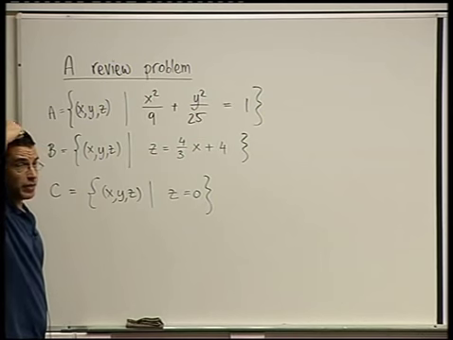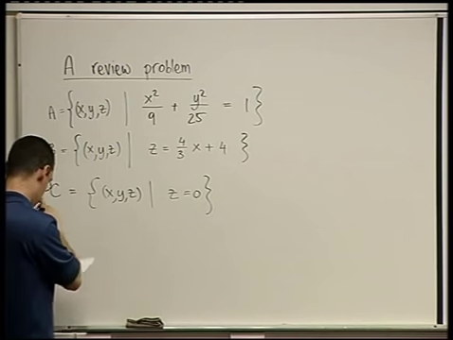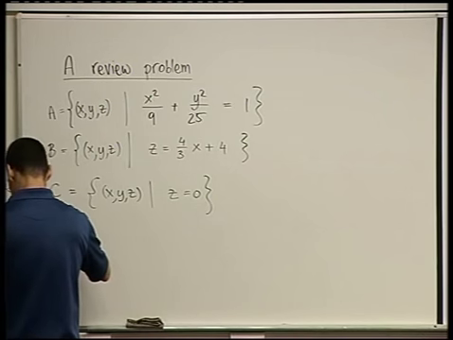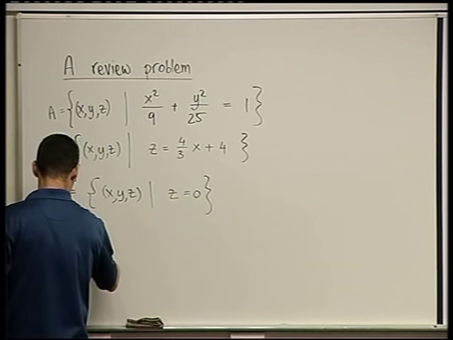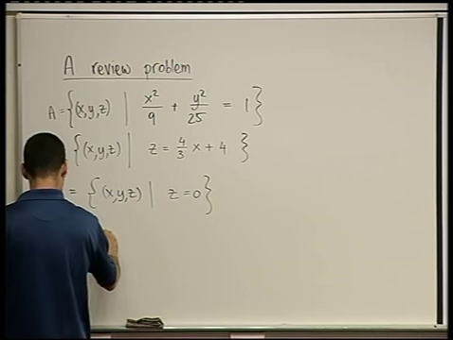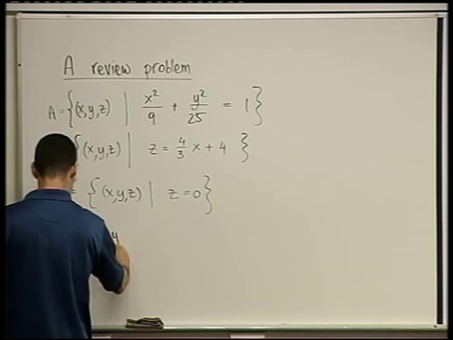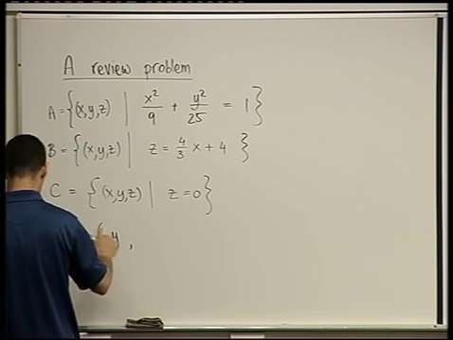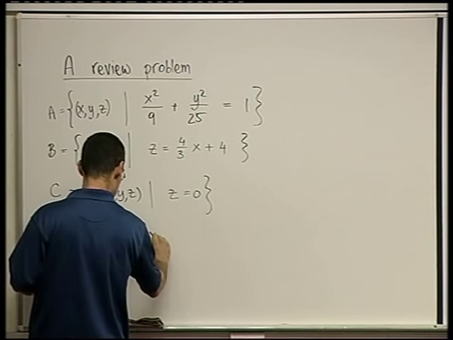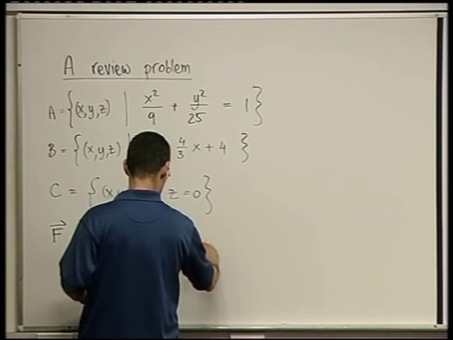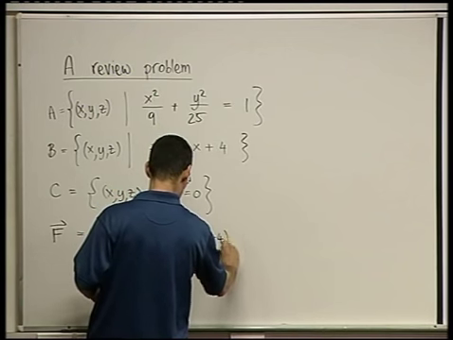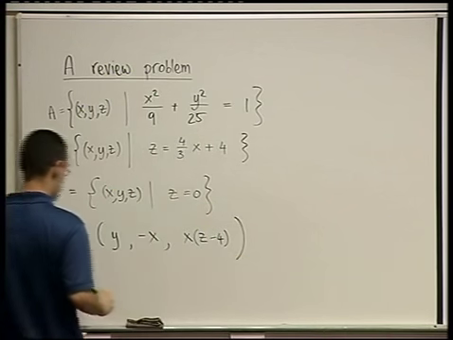And in addition, we have two given fields. So the fields are going to be called F. So F is the field y in the i direction, minus x in the j direction, and x times z minus 4 in the k direction.